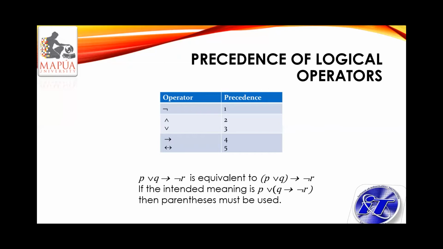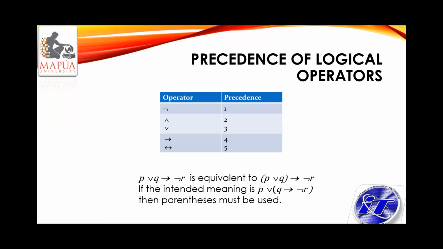So P or Q implies not R is different from P or (Q implies not R). We're going to have a different result. Parentheses have a big impact when we evaluate a statement, so be careful when we do grouping. Don't forget parentheses first, then followed by these 5 operators.